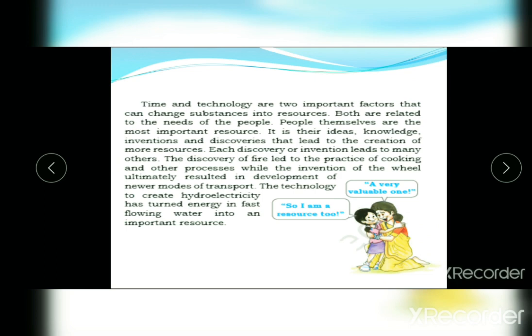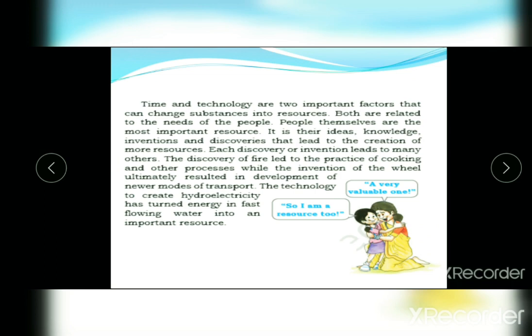It happens indirectly. Each discovery or invention leads to many others. The discovery of fire led to the practice of cooking and other processes, while the invention of the wheel ultimately resulted in the development of newer modes of transport.